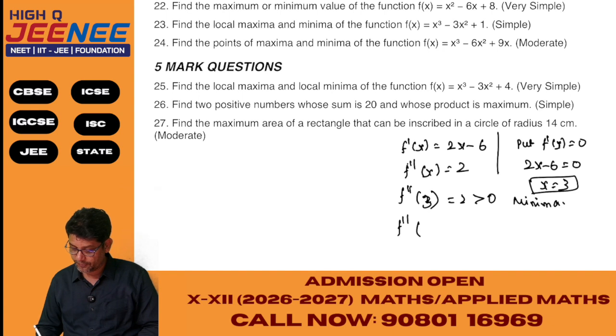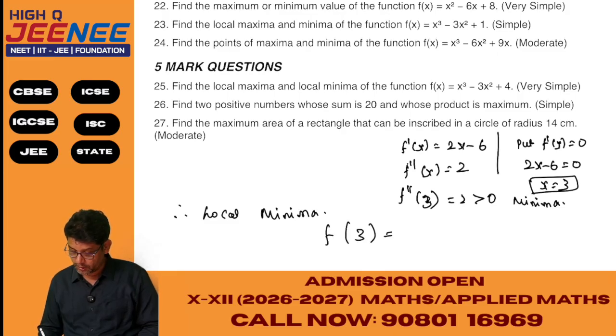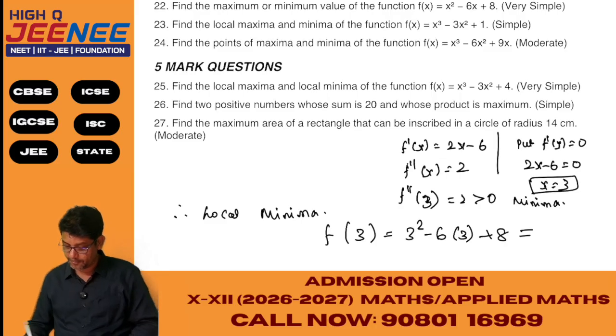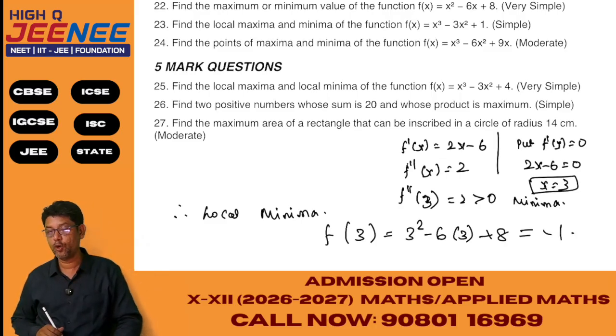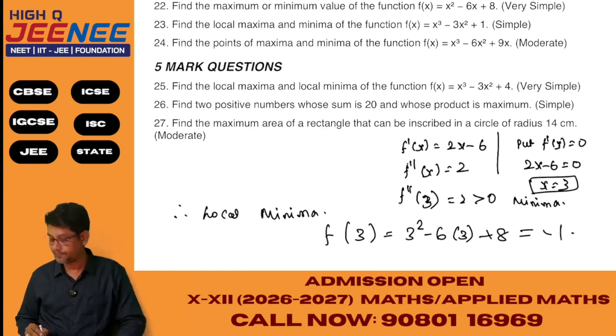Therefore the local minima value: f of 3 is equal to 3 square minus 6 into 3 plus 8. What are you going to get? This is our local minima.